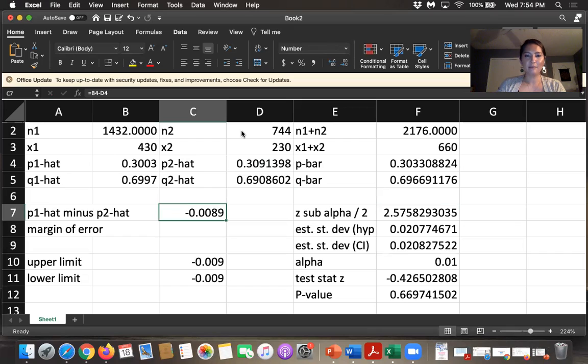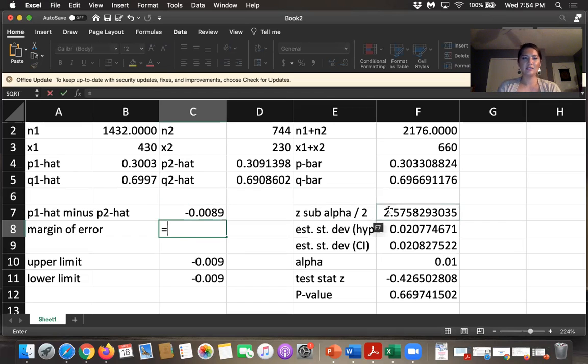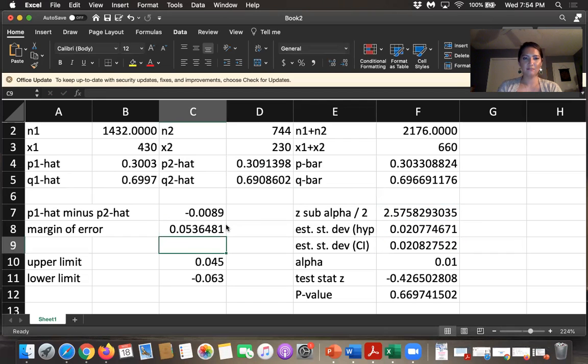We've got our P1 hat minus P2 hat over here. So that was approximately negative 0.009 is what I was saying. I guess it's 0.0089 approximately to 4 decimal places. And the margin of error is z sub alpha over 2 times the estimated standard deviation for a confidence interval, which is right there. Hit return.